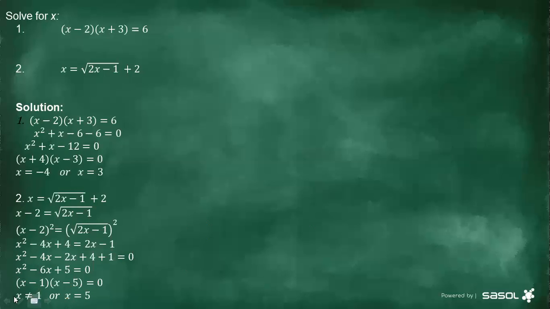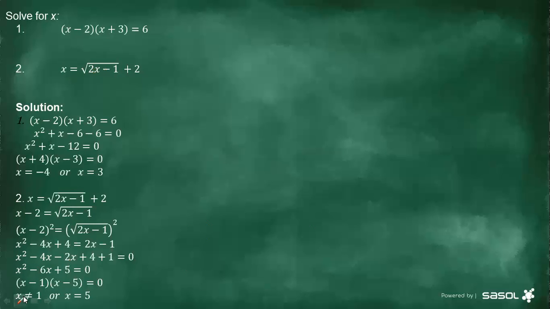For instance, if you take this positive 1 and substitute here and there, it must give the left hand side equal to the right hand side. Let's see, 2 times 1 is 2, 2 minus 1 is 1, square root of 1 is 1, 1 plus 2 is 3, and this side is going to be 1, so 1 cannot equal 3.